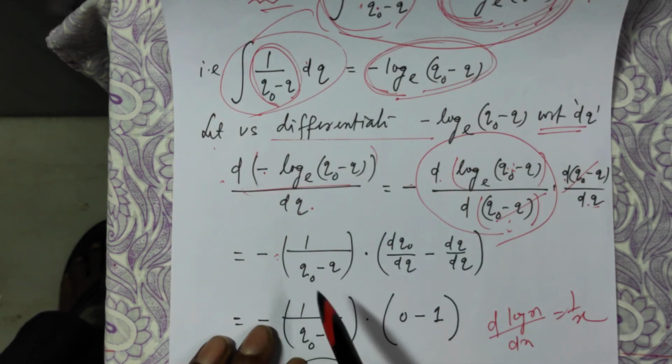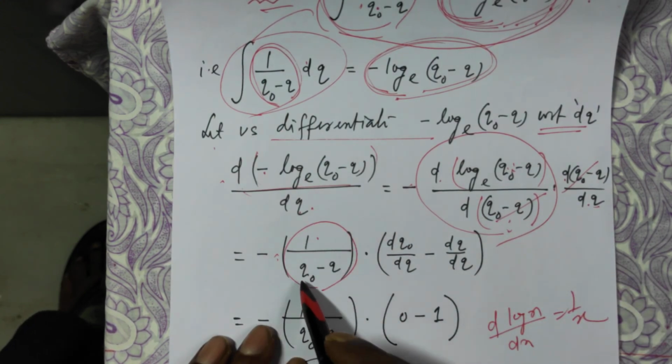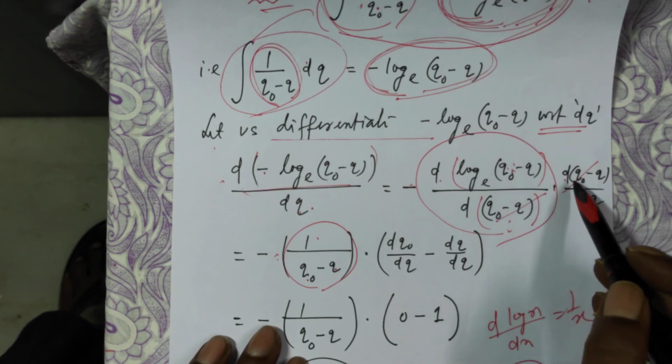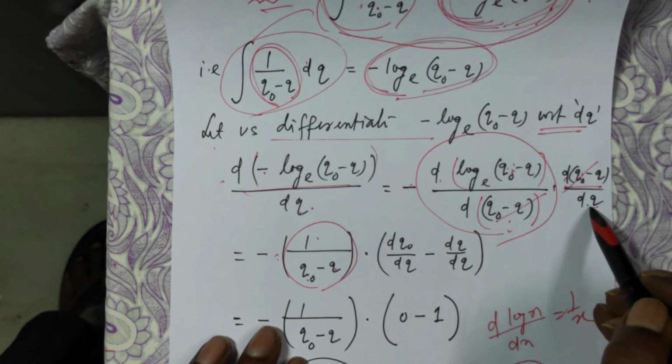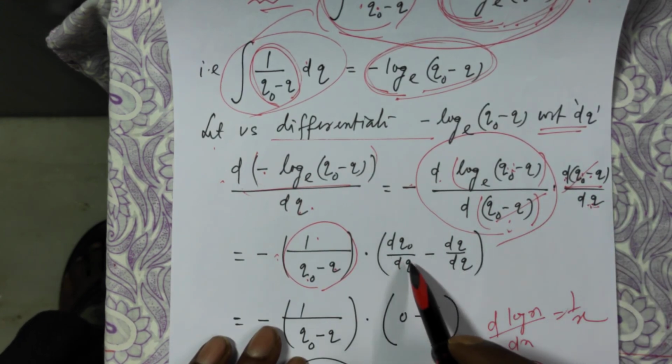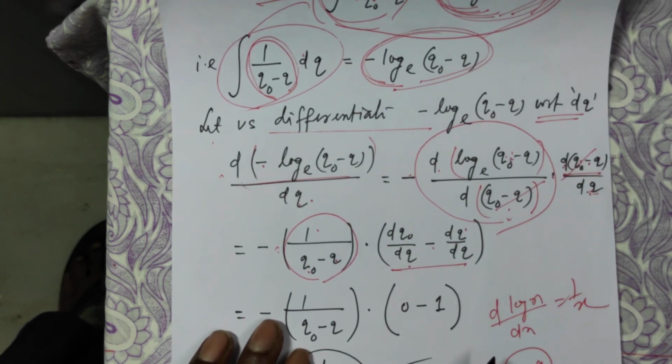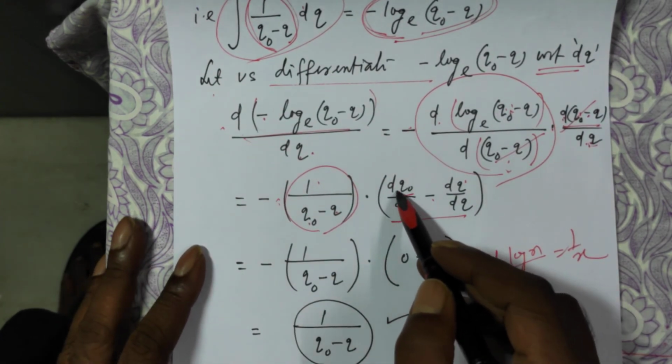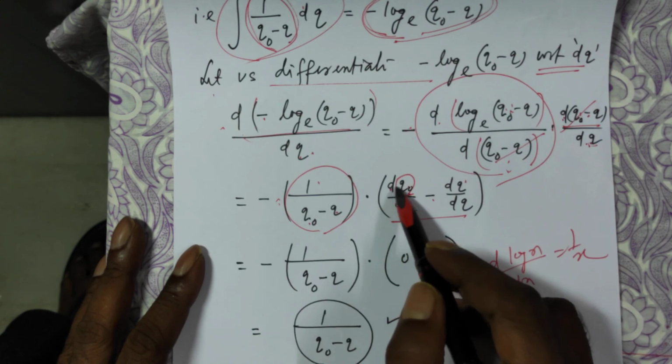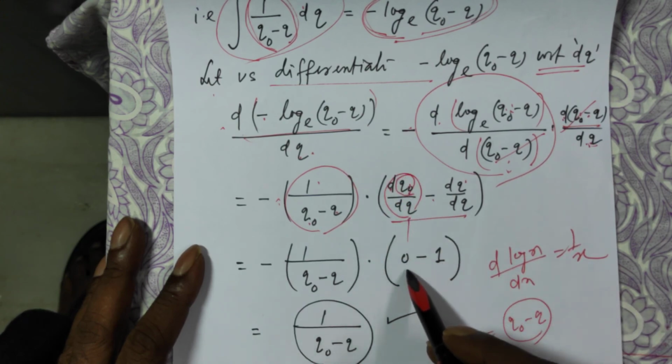So with this minus sign here, 1 by x, where x is equal to Q naught minus q. So this part becomes dQ naught by dq minus dq by dq. And Q naught is the maximum value of the charge, that is a constant. The derivative of a constant is 0. So this part becomes 0.